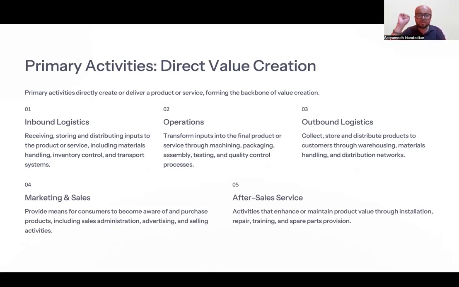Talking about the fourth primary activity which creates value, marketing and sales. I mean, today think of Zomato and Swiggy. They are not just food delivery platforms. They have some brilliant marketing campaigns. Sometimes these marketing campaigns tug your heartstrings, where they show how these delivery partners are going above and beyond, and that helps to create a humanitarian outlook for a company like Zomato, whose primary function is just delivery.